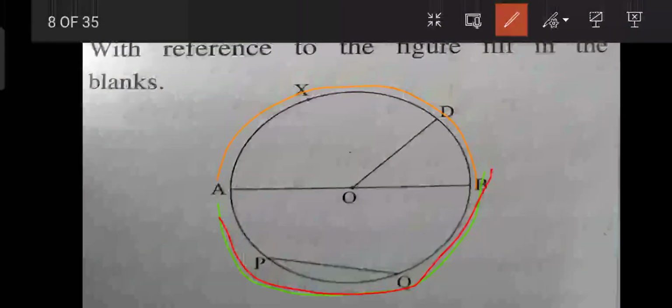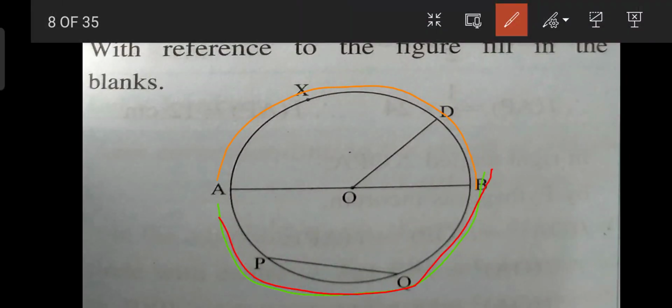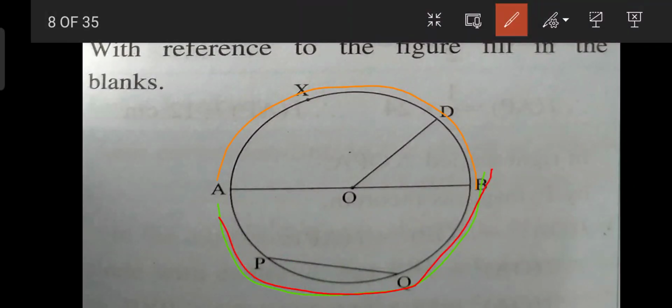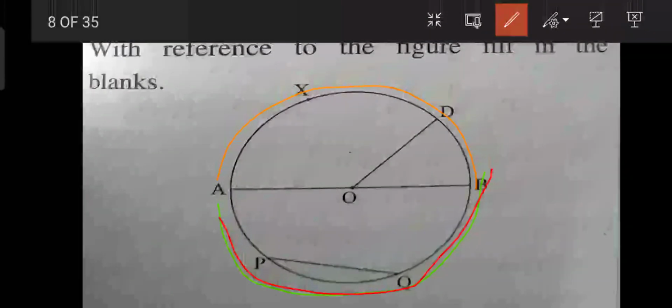Whether you say APB or AQB, the arc remains the same. Both are equal because they carry the same distance. So you can write either APB or AQB, it's one and the same.